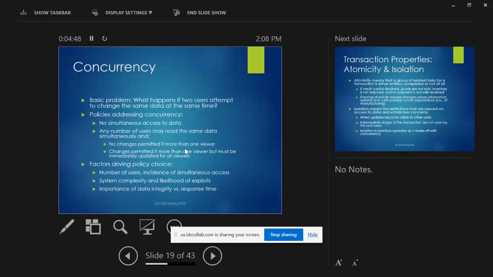Or you might say changes are permitted if there's more than one viewer, but have to be immediately updated for anybody looking at that. And that's the model that Amazon uses with the web pages, right? I think we talked briefly about Ajax. I know I did a little bit more than briefly in the morning, but remember Ajax, which is not on the test, is just the mechanism that web pages use to update small little bits of a page.